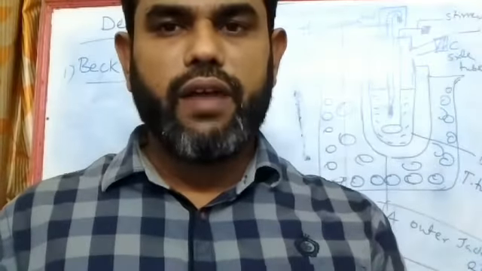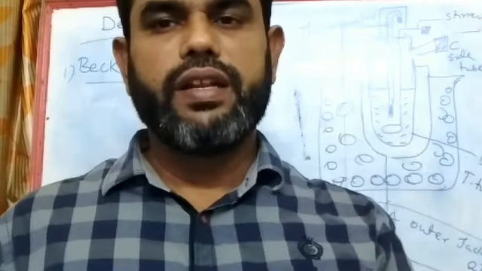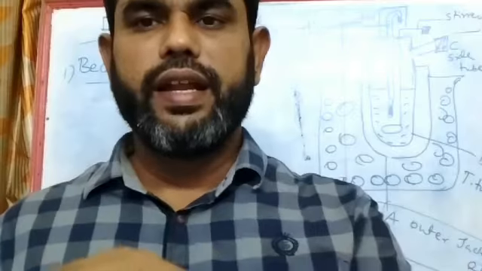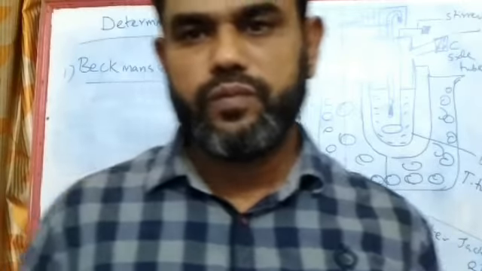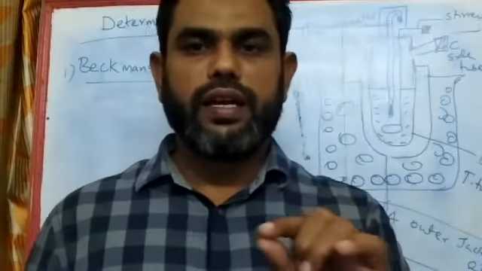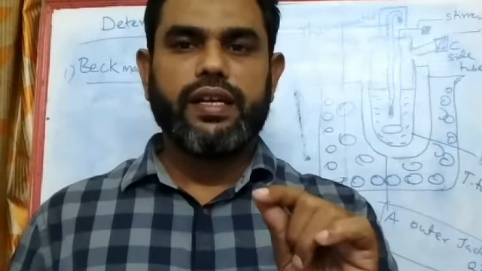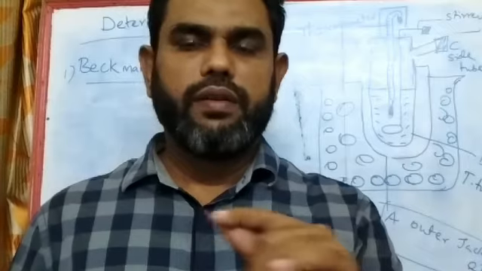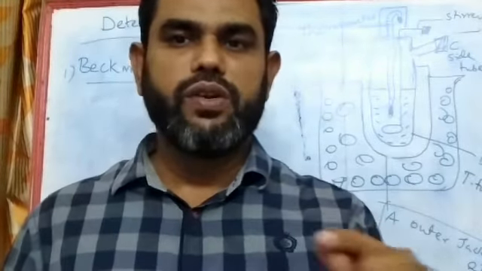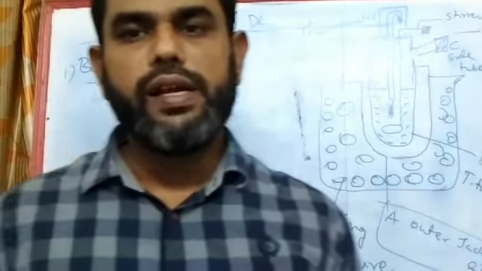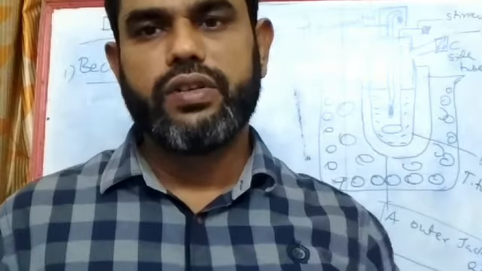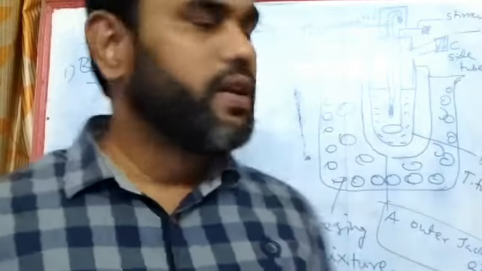Then after some time the temperature will rise and maintain a constant level at the freezing point. The temperature at which it reaches the steady state should be noted as the freezing point of the particular solvent, not the depression of freezing point.